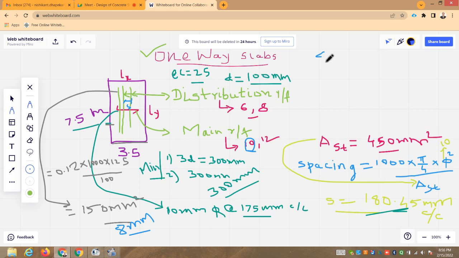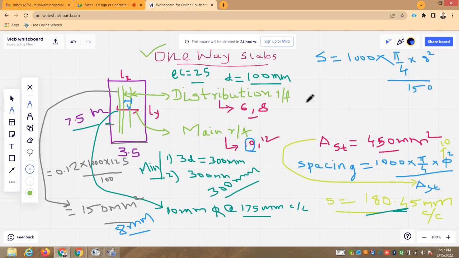So spacing S will be equal to 1000 into pi by 4 into, you have decided the diameter as 8 mm to be provided, divided by AST, that is 150 mm square for distribution steel.